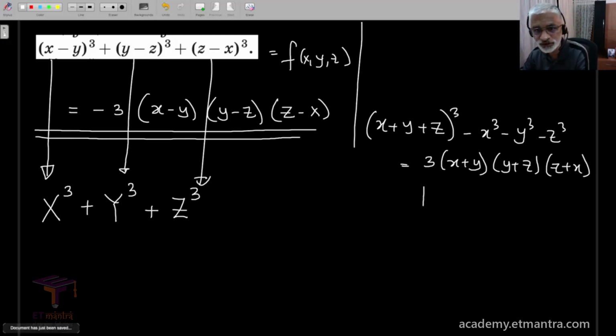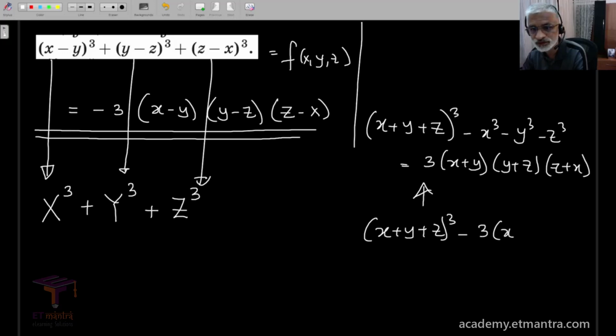Now we take the cube from here and see that x cube plus y cube plus z cube is actually equal to x plus y plus z whole cube minus 3 into x plus y into y plus z into z plus x.